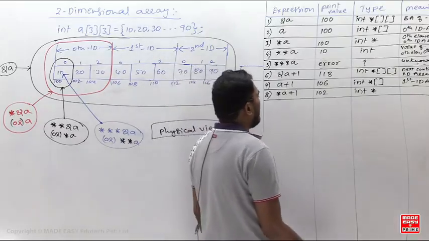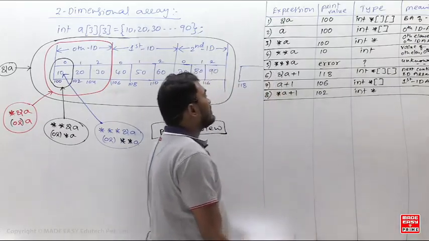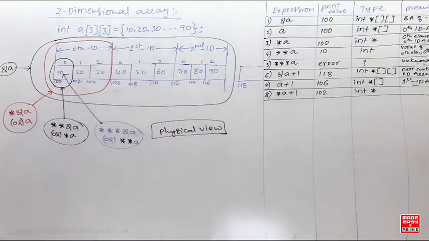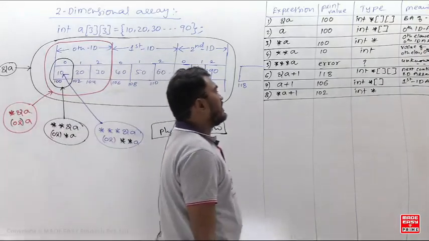Now tell me, what is the meaning? Meaning is important here. Star A plus 1. Base address of the first element of 0th 1D array.